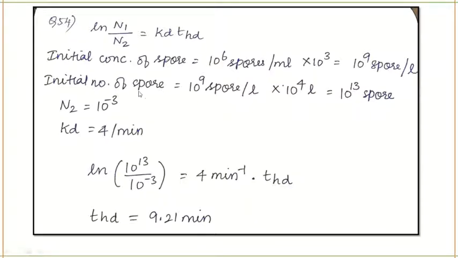So N1 is 10 power 13, N2 is 10 power minus 3, and Kd is 4 per minute, all given in the question. Simply substitute into the formula: ln of 10 power 13 by 10 power minus 3 is equal to 4 per minute into THD. THD, if you calculate, comes to 9.21 minutes. That is the holding time.